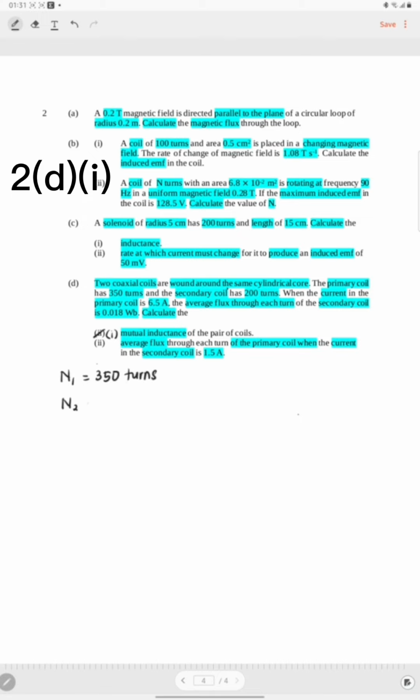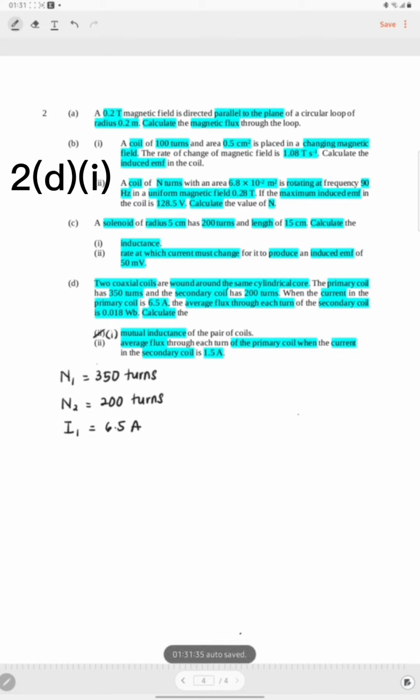N2, the secondary coil, is 200 turns. And it mentions that the current in the primary coil, I1, is equal to 6.5 ampere.